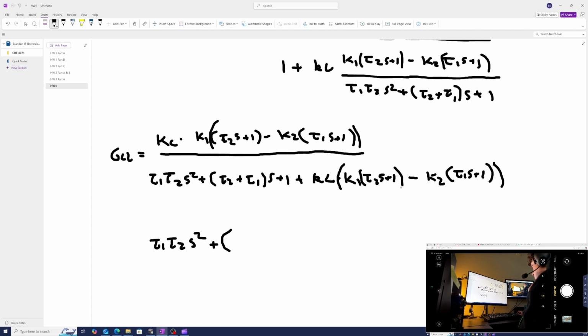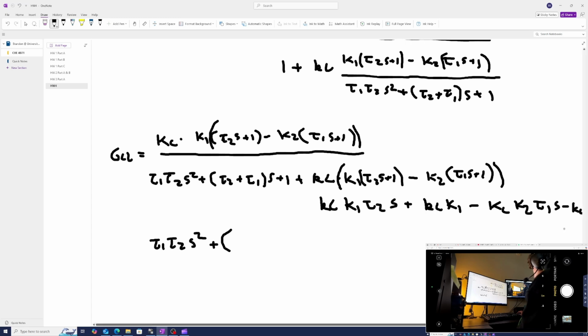So we'll multiply that out, giving us KC K1 tau 2 s plus KC K1 and also minus KC K2 tau 1 s minus KC K2 multiplied here.